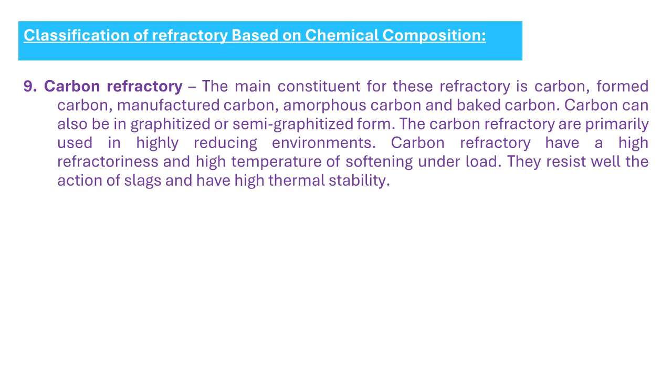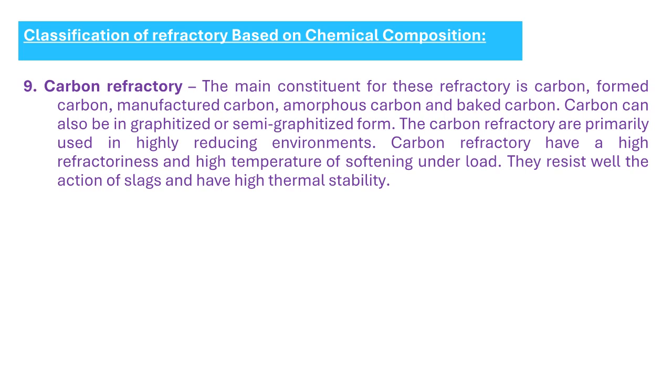In oxidizing environments, carbon would burn or oxidize away, making these refractories unsuitable. That's why carbon refractories are used in very specific applications, such as blast furnace hearths and crucibles, where reducing conditions are guaranteed. In short, carbon refractories are unmatched for extreme heat resistance, but only when oxygen is kept out of the picture.